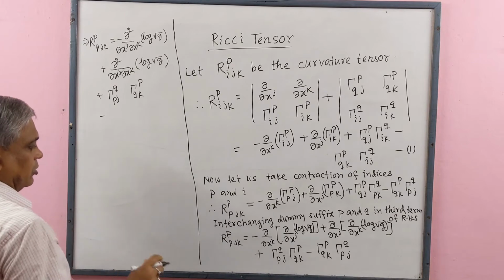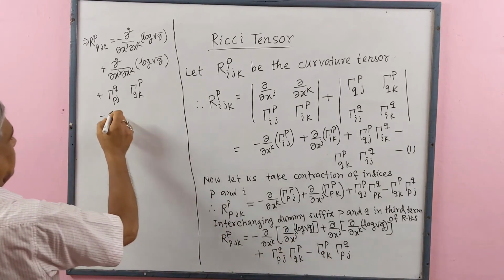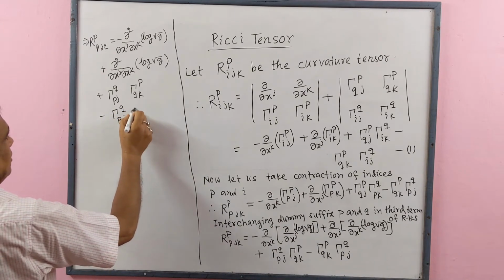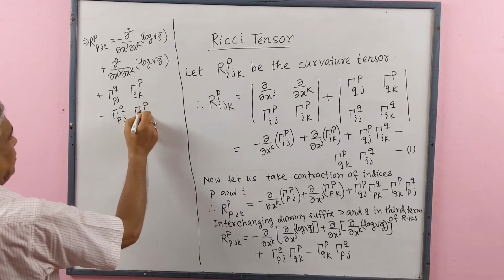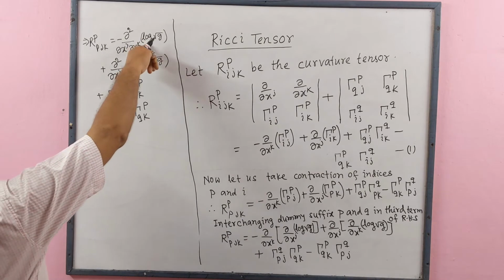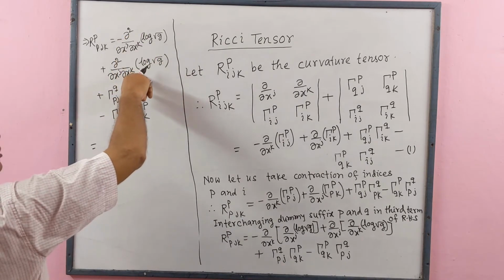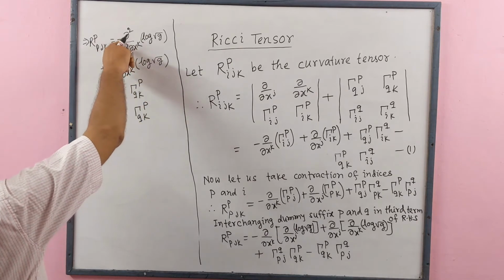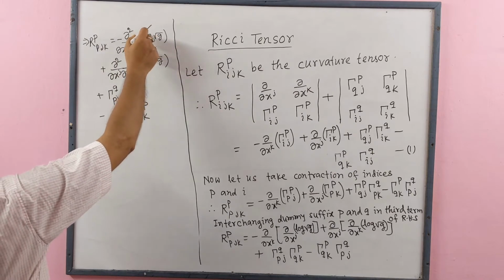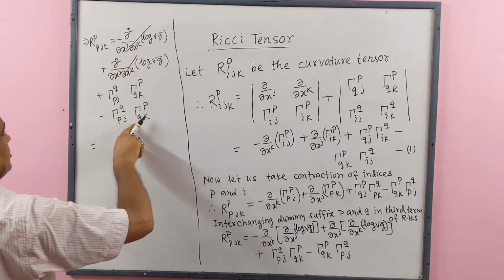minus, we write first this and then we write this, Christoffel symbol of second kind {q, pj} Christoffel symbol of second kind {p, qk}. Here this term and this term are equal in magnitude, but here we have negative sign, so this and this term will cancel, and also this and this term will be the same.